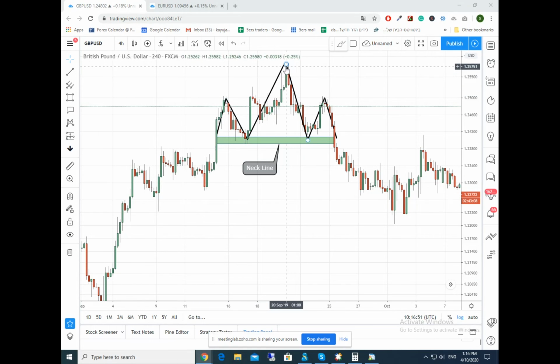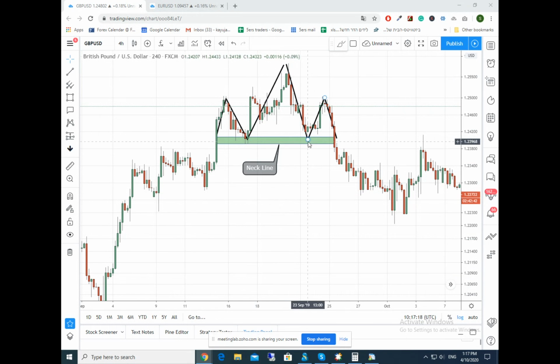Then the price starts to correct down, as you can see, and after a few lows that the price creates, each one higher than the previous one, suddenly the price creates a new bottom at the same level as the previous one.